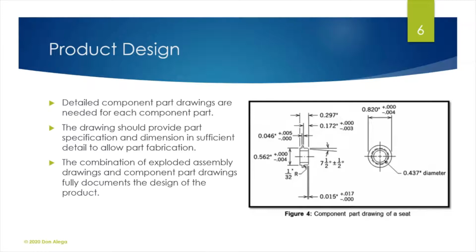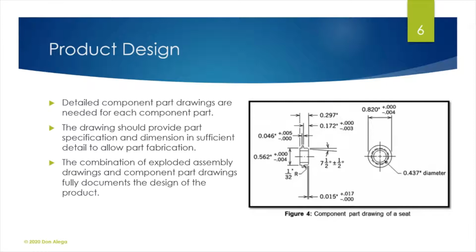Andito na yung mga dimensions and specifications for us to make the product. Yung specification niya, yun yung magiging basis natin dito sa component parts drawing. Also, it is the combination of exploded assembly drawing and component parts drawing, kaya mabubuo na natin yung design ng product.